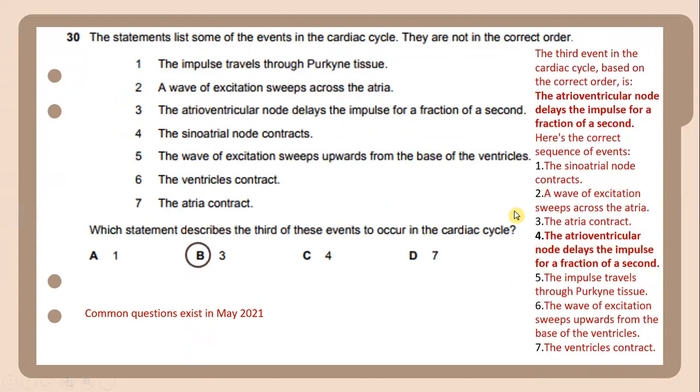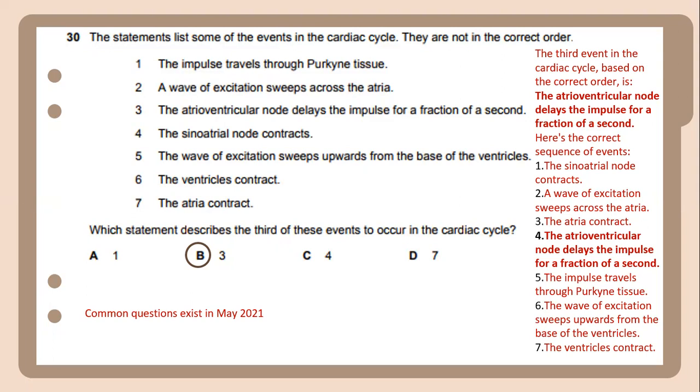So, the third event in the cardiac cycle, based on the correct order, is the atrioventricular node delays the impulse for a fraction of a second. And the sequence of events would be: first step, the sinoatrial node contracts. Step 2, a wave of excitation sweeps across the atria. Step 3, the atria contract.